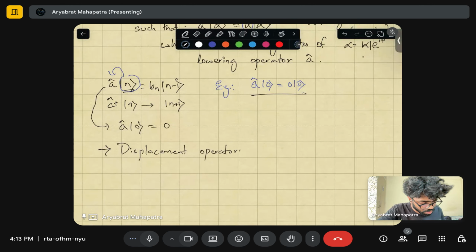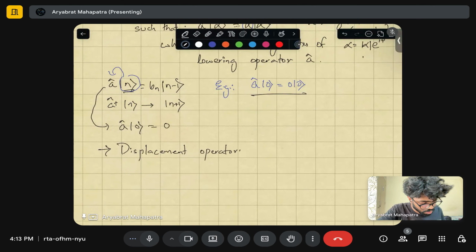These are operators denoted as D hat alpha, which is exponential of alpha a dagger minus alpha star a, or otherwise you can also write this in another form.